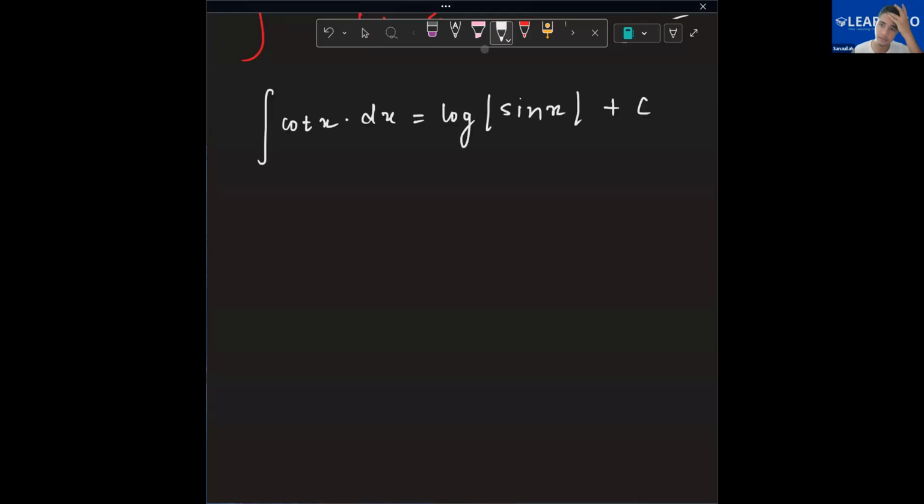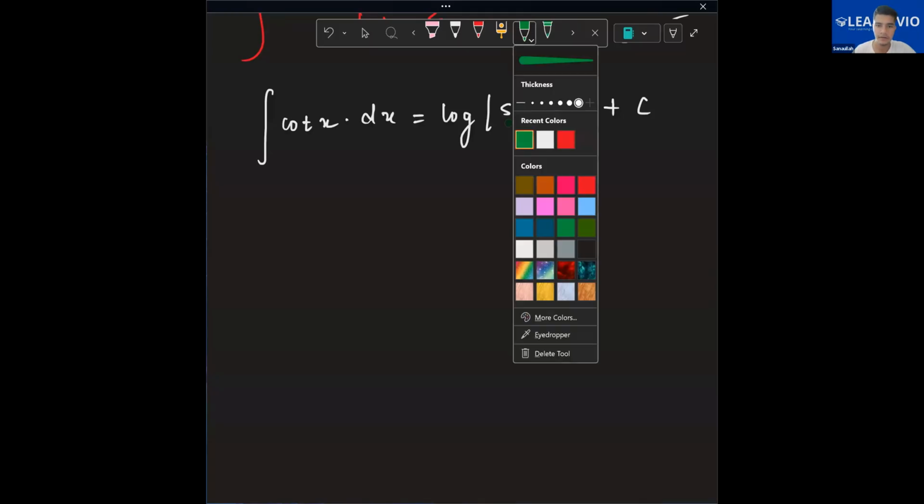Actually, you have to learn this, but can you prove this? अगर ये आपके एग्जाम में आता है, so how you will prove this? Sir, cot x को हम लोग लिखेंगे cos x by sin x, then substitution sin x equals t. ऐसा कर सकते हैं। Okay, ठीक है, सही, ऐसे ही होगा, right?